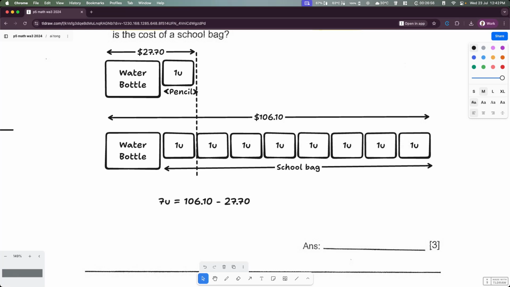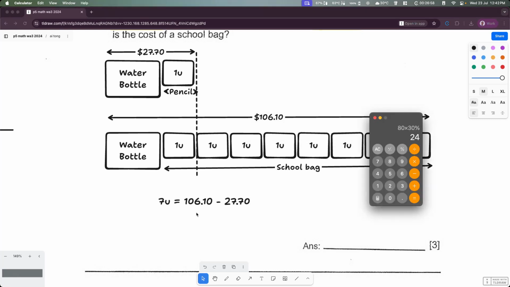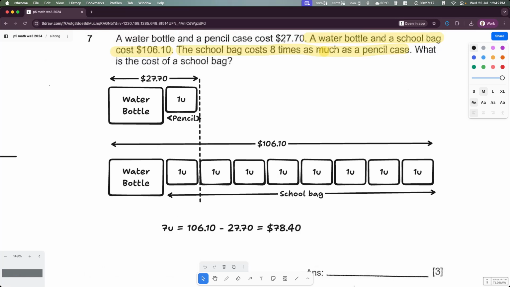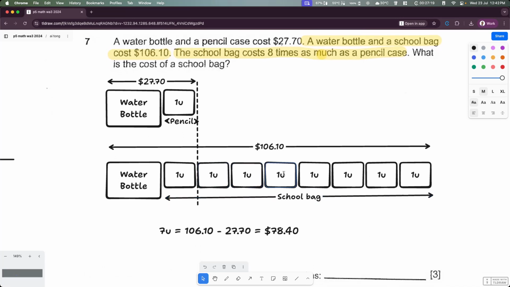Okay, so we're gonna use our calculator. 106.10 minus 27.7. Okay, and this will give us $78.40. So this is the 7 units.